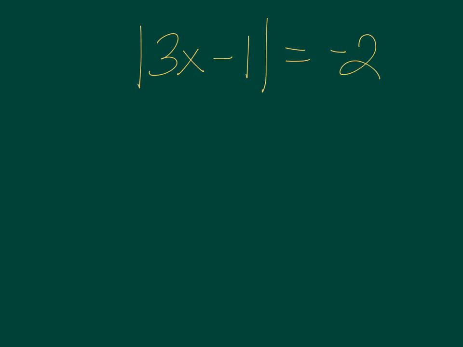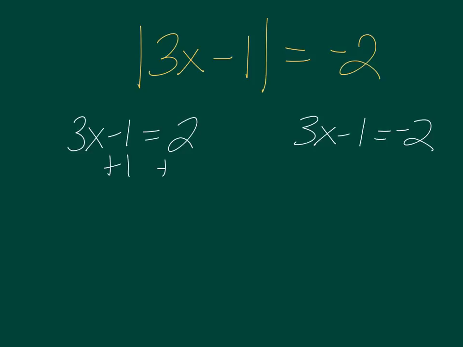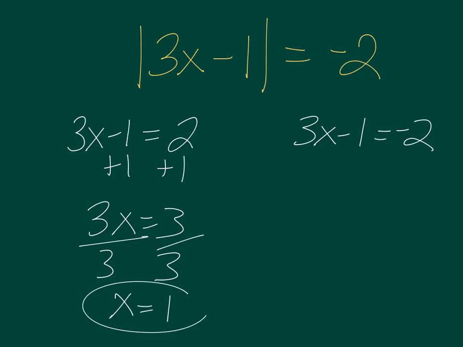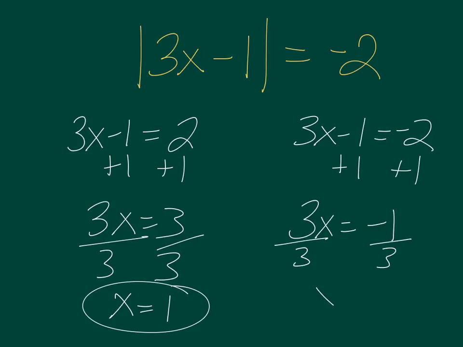Well, you know what, let's try this real quick. You could check that. You could say, all right, 3x minus 1 equals 2, or 3x minus 1 equals negative 2. Add the 1, 3x equals 3. So one of my solutions would be 1. If I did it over here, my other solution would be negative 1/3.